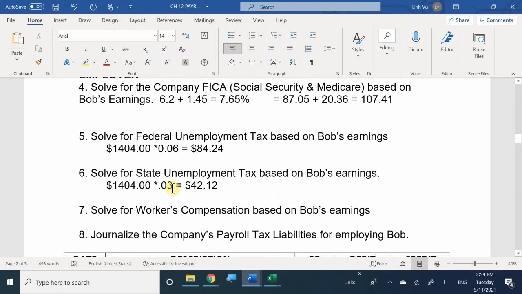And then last but not least, how much percentage is going to be workers' compensation? 1.36. Okay. So if it's 1.36, how much are we going to pay into the workers' compensation for Bob? 19.10.